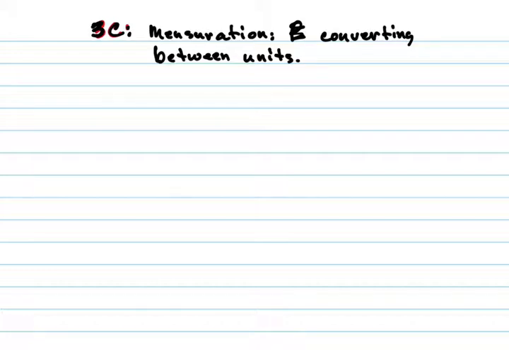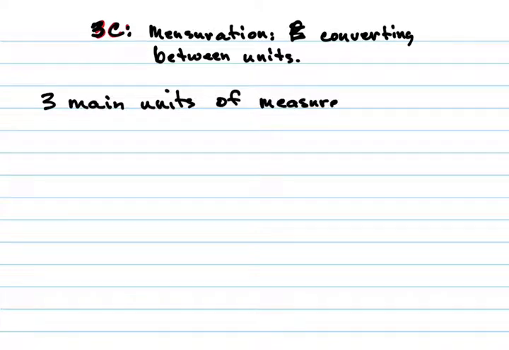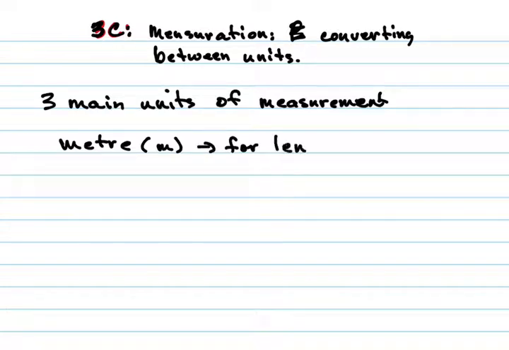In the metric system, there are three main units of measurement. We have the meter, which is just abbreviated plain old M, and that is the measurement for length, the basic unit for length.